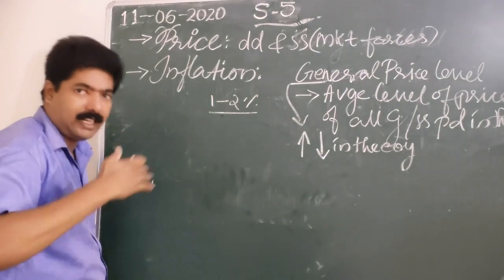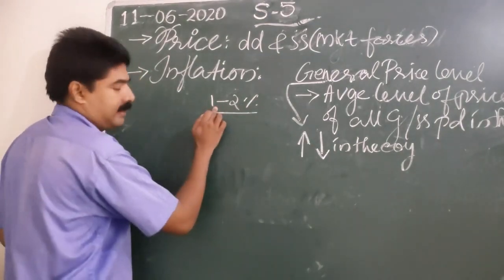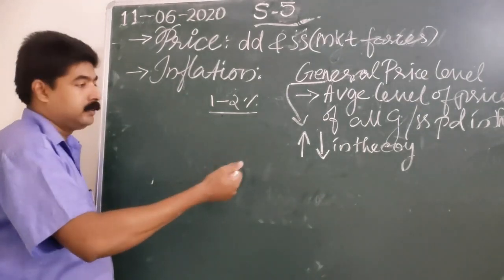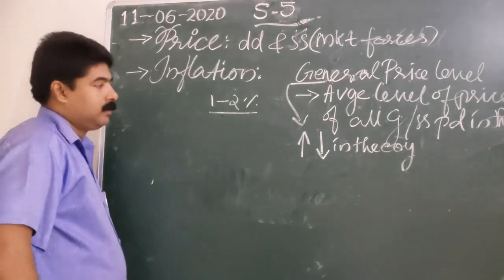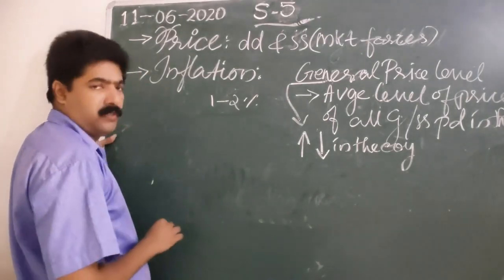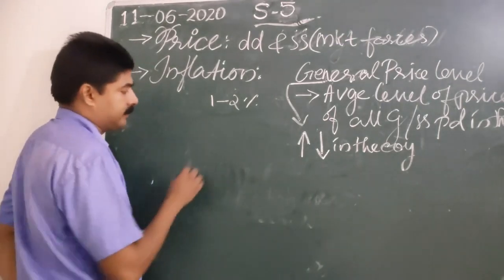After crawling, we have walking, a little faster. Then running, even faster. Then galloping, super fast. Every country requires running inflation, which is less than 10% in a year.